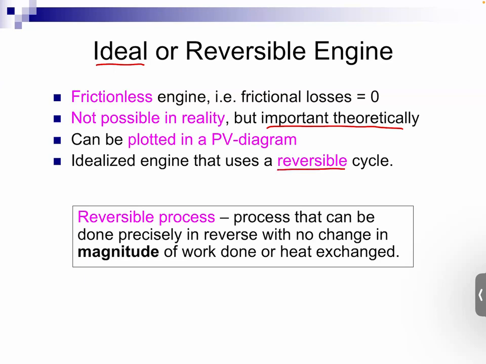When we say reversible, we mean that the processes can be done in reverse in exactly the same manner, where the magnitude of work and heat exchange, so that's Q, QL and QH, they're all equal throughout the processes, regardless of the direction that you take.